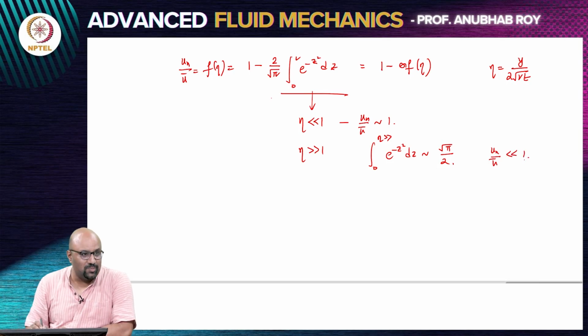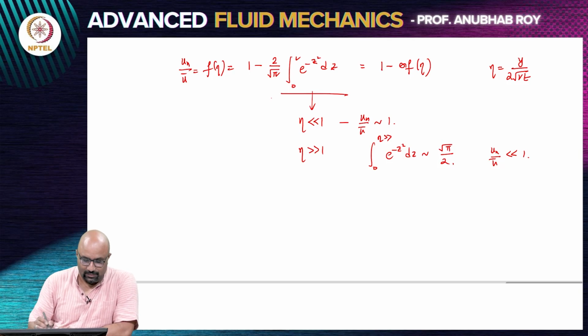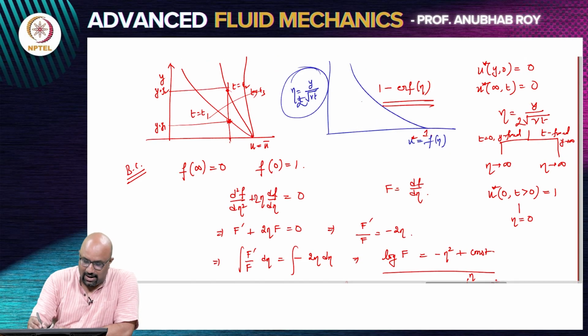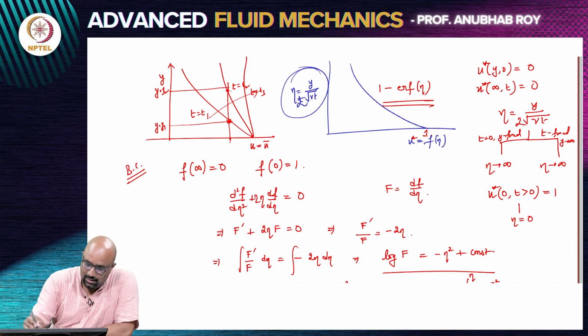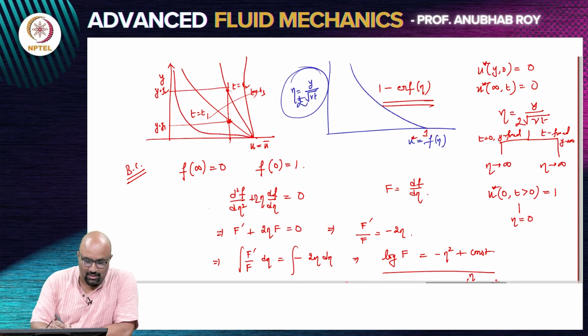And eta large means either y is very large or you are looking at very short times, which is again going back to this plot. If you are looking at this profile at very short intervals of time, the velocity is almost going to be 0 everywhere other than a thin layer near the plate. Everywhere else the velocity is going to be almost 0. So, this is basically increasing time.